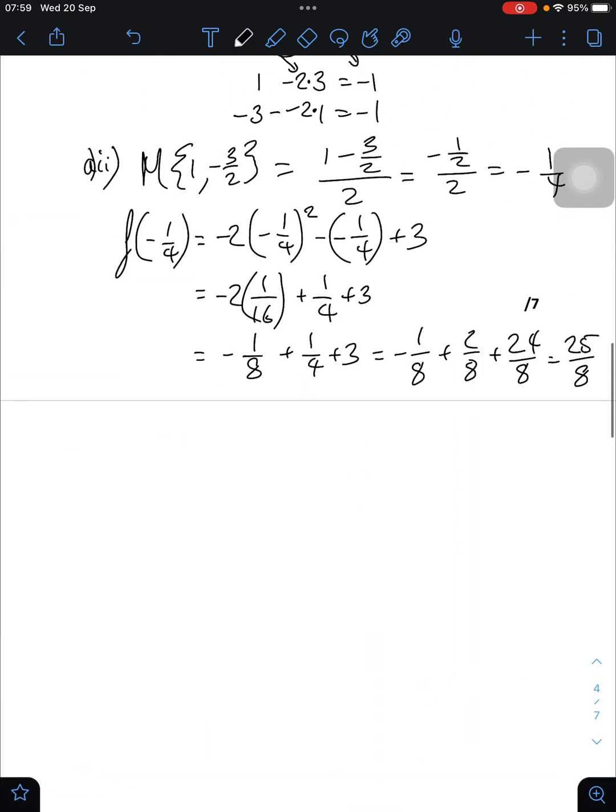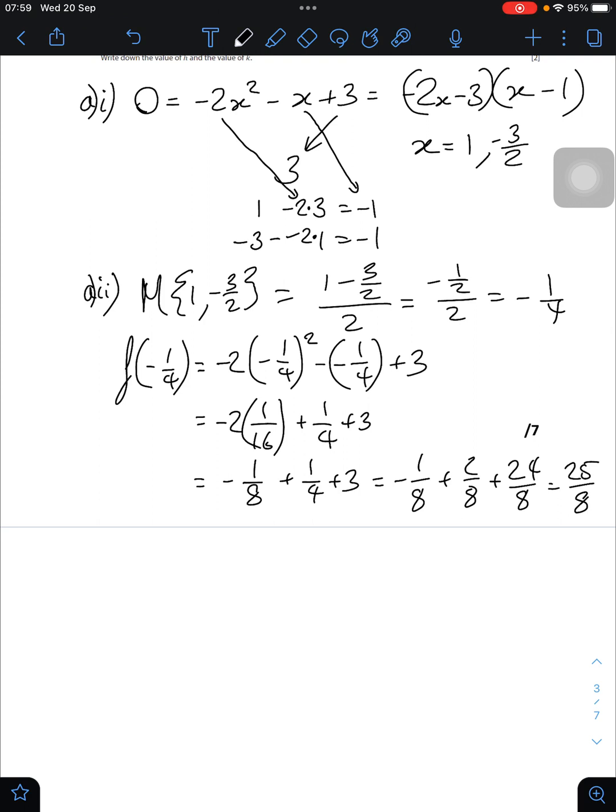So, 25 over 8. I think I'm right. Let's double check. Minus 2 lots of minus 1 over 4 squared is minus 2 lots of 1 over 16. Then plus 1 over 4, changing that would be 2 over 8. 3 times 8 is 24, 25.